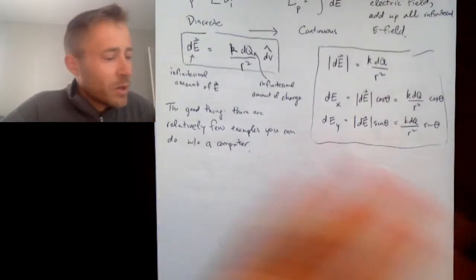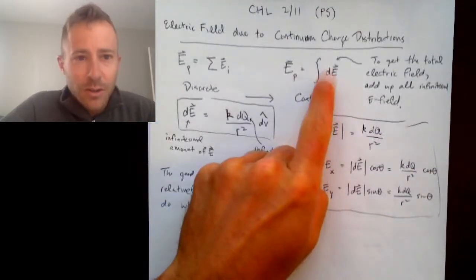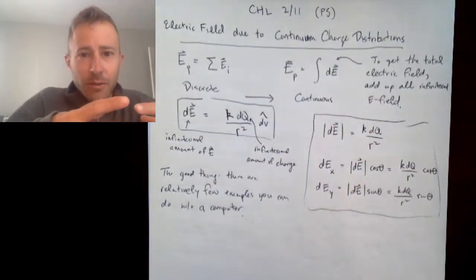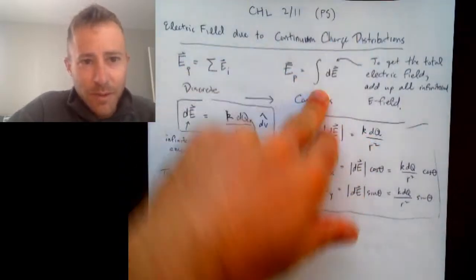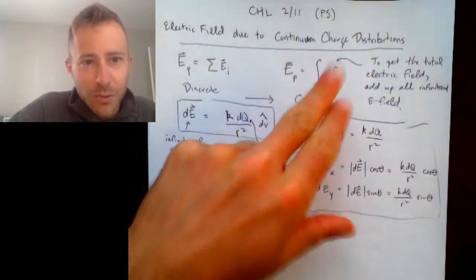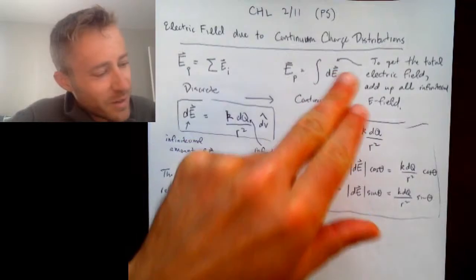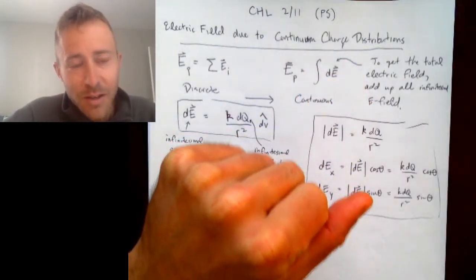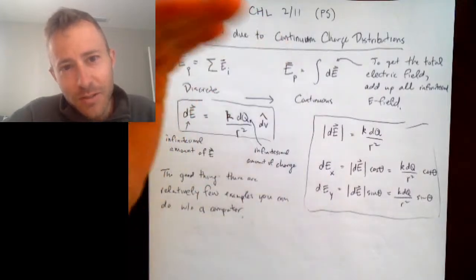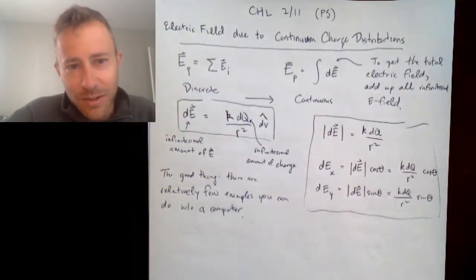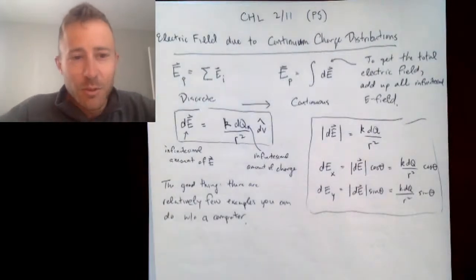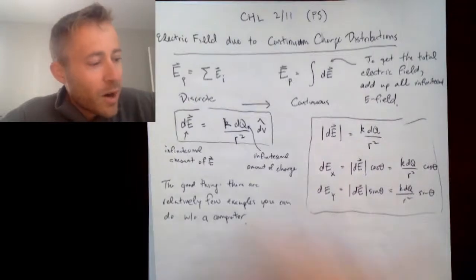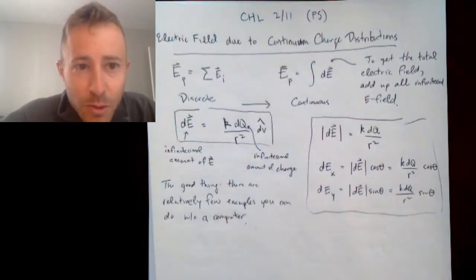So we're going to be calculating electric fields as an integral. And in order for us to arrive at a final answer, we have to be able to do that integral. There are very few situations where you can actually write down a nice formula for the integral. So what would happen is you would approximate this integral using a computer.